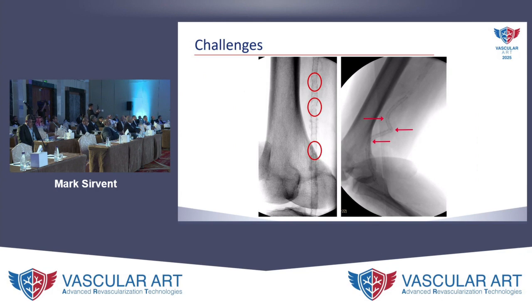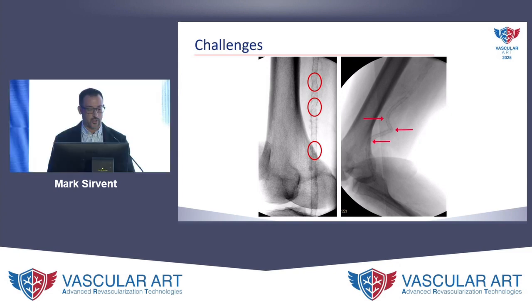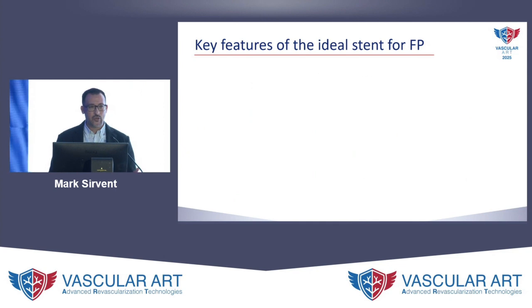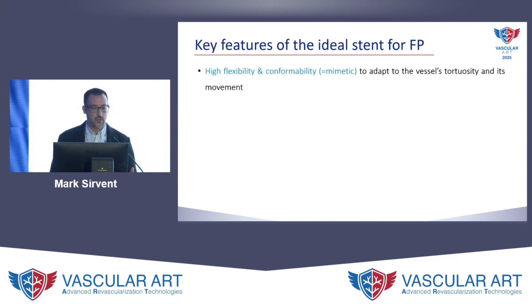Look at this stent fracture at the three flexion points. If we have fractures, we have worse results. So what are the key features of the ideal stent for the FemPop segment?